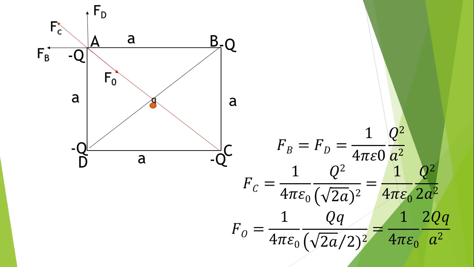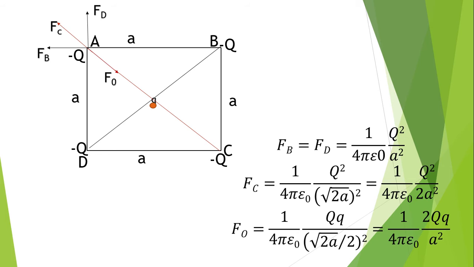First, we find that the resultant force on charge minus q at point A is 0. First, the force acting on minus q charge at point A due to charge minus q at point B, that is Fb. Fb is the Coulomb repulsion force.